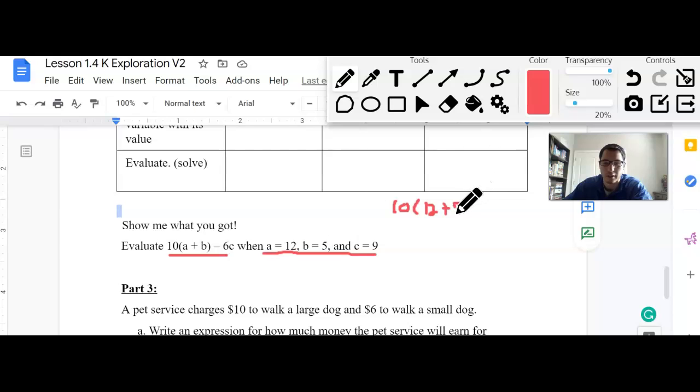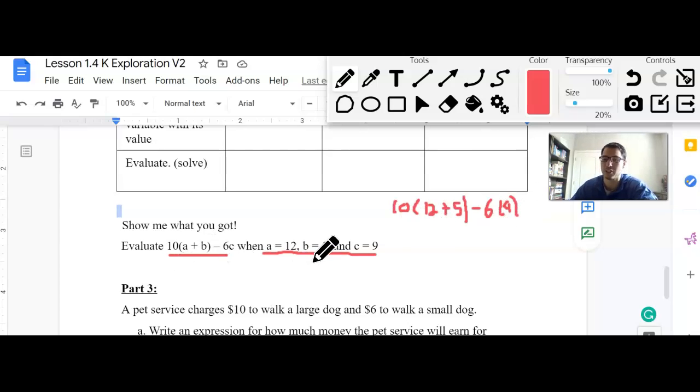So I'm going to plug in a 5, or substitute or replace 5 for b. Close that parentheses. Minus 6 times c. So we know c is 9. So multiply by 9.